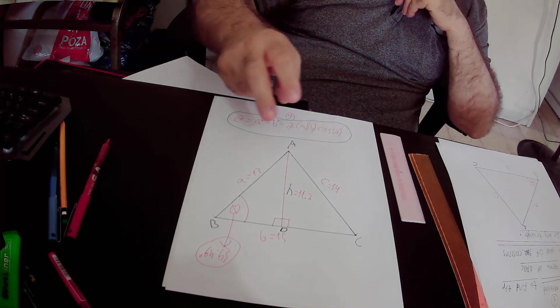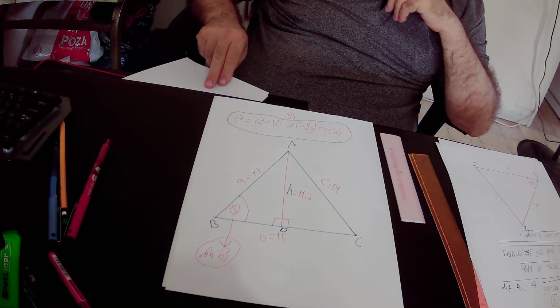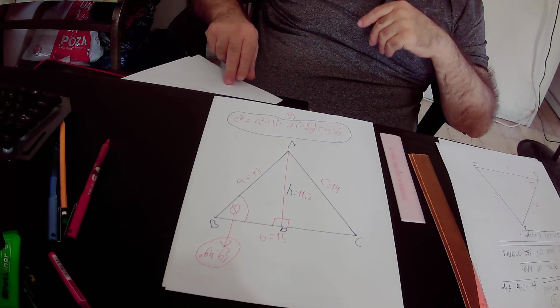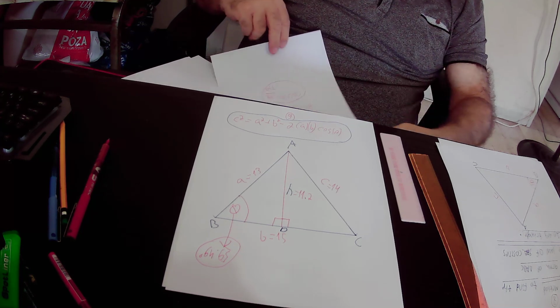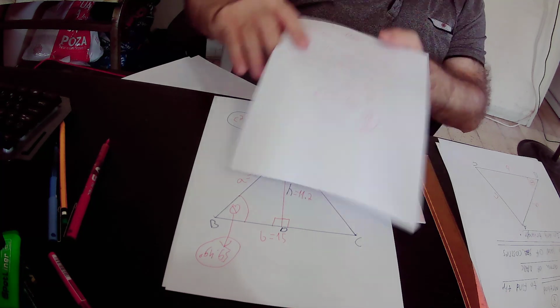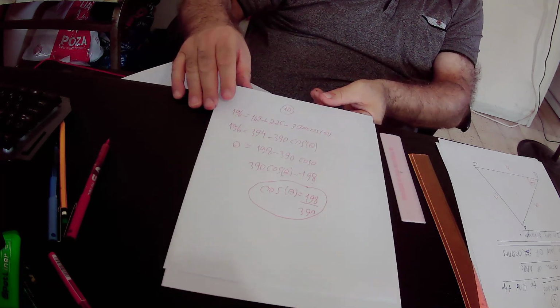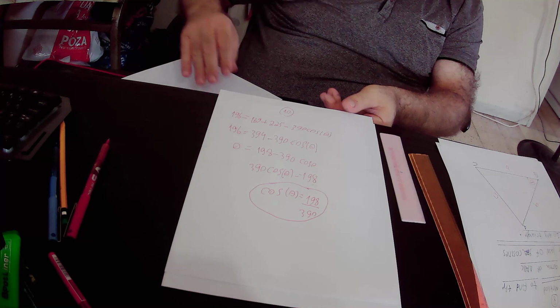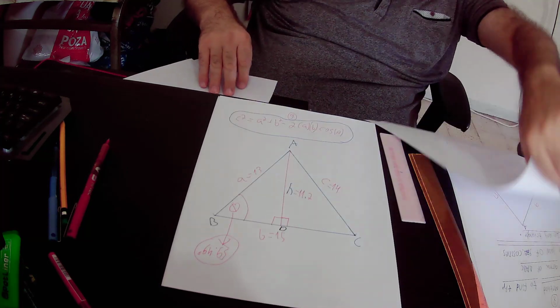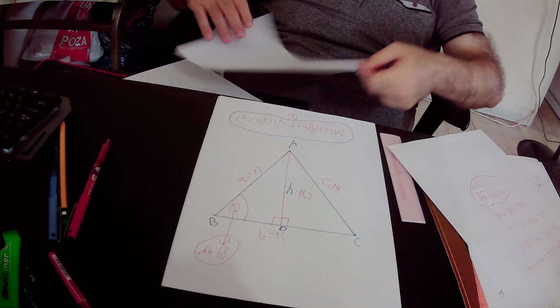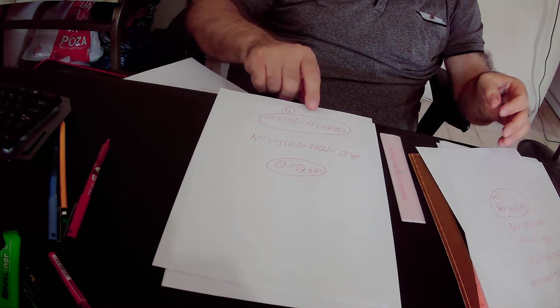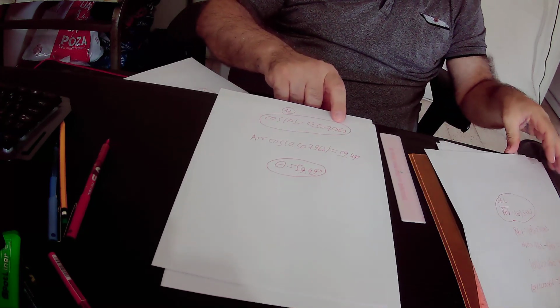So we put the data inside this equality, and we found out that cosine theta equals 198 over 490, which is 0.507962.